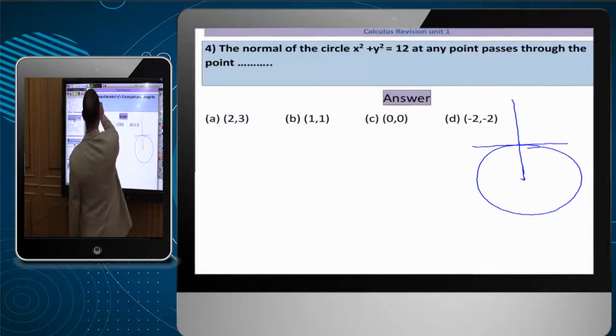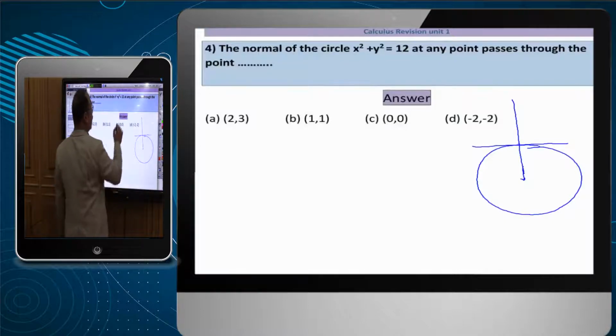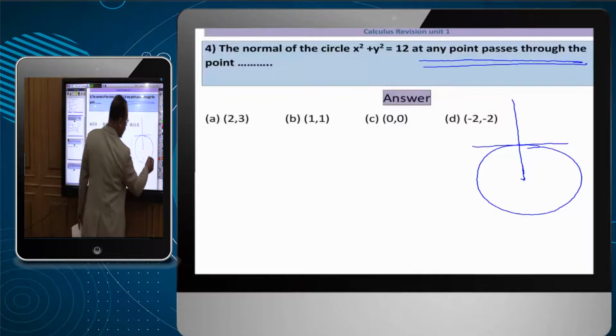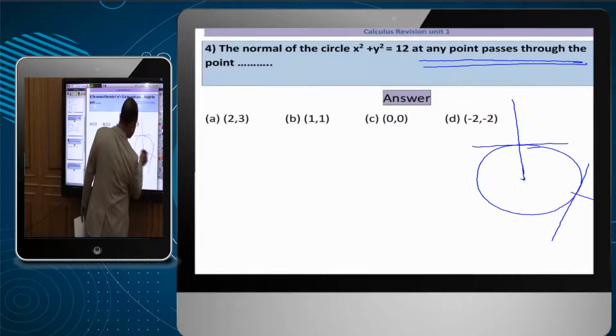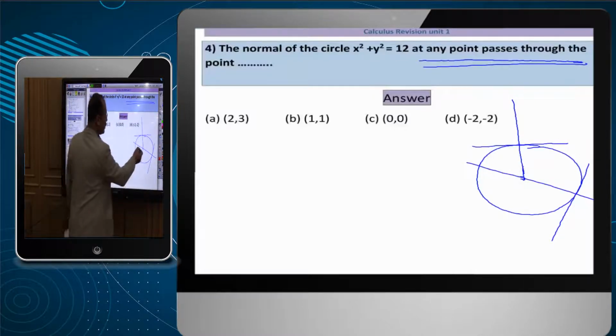Let's read again. The normal of the circle x squared plus y squared is 12 at any point passing through the point. Here, any point on the circle. If I draw another tangent and draw another normal, they intersect at a fixed point, which is the center.